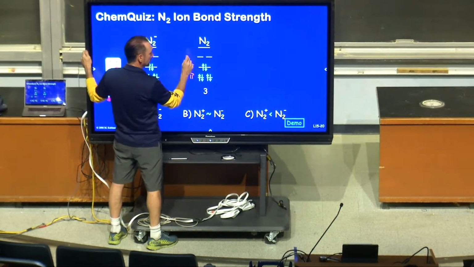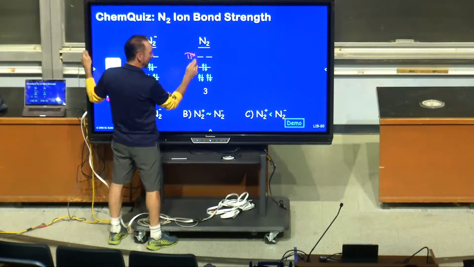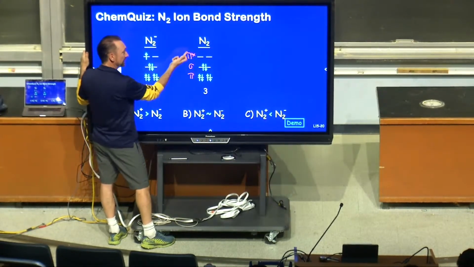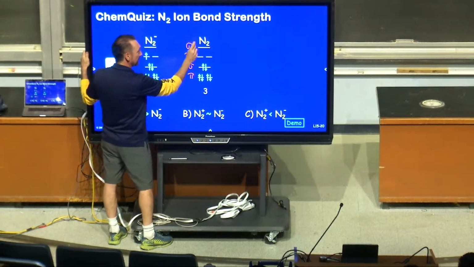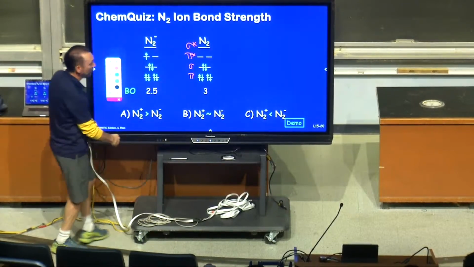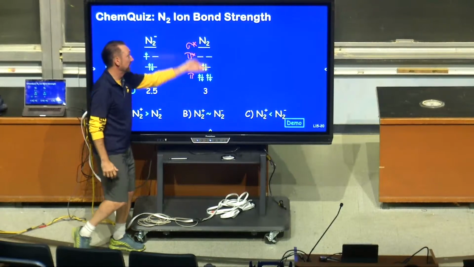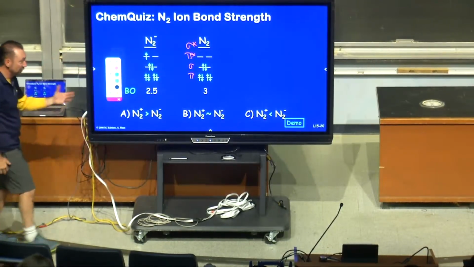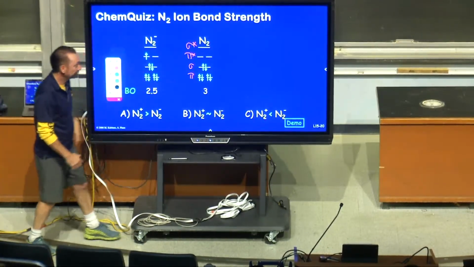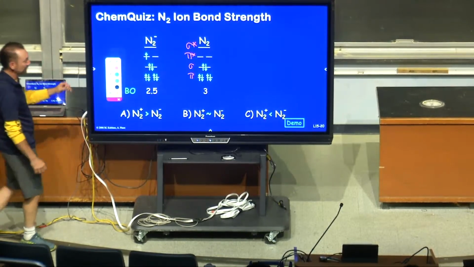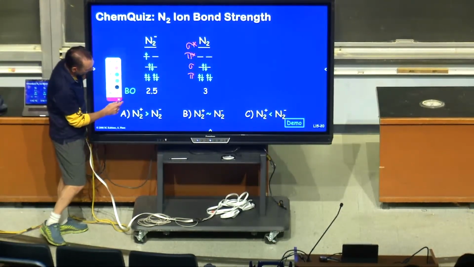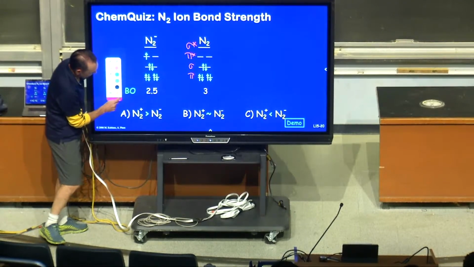That's a sigma. This is a pi star, the anti-bonding combination of that. And this is the sigma star. I wouldn't have any trouble asking you to label them if I give you the order, because you know how they're constructed. But the ordering you would get on the exam.